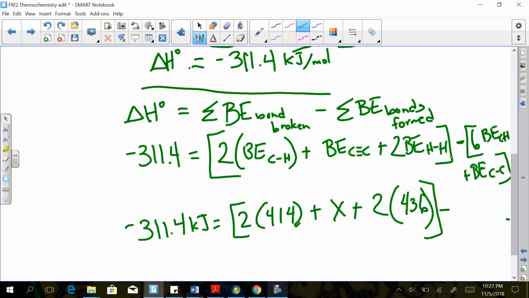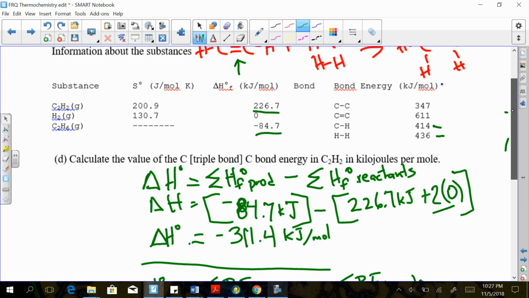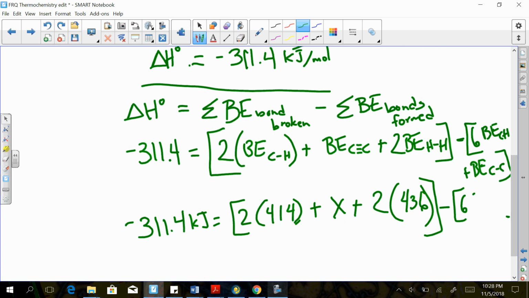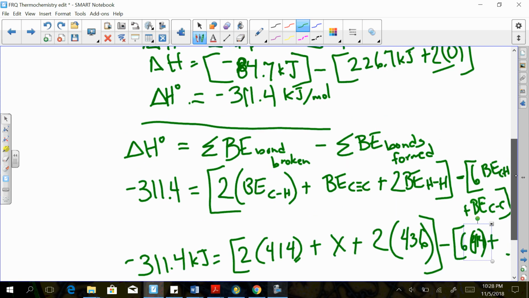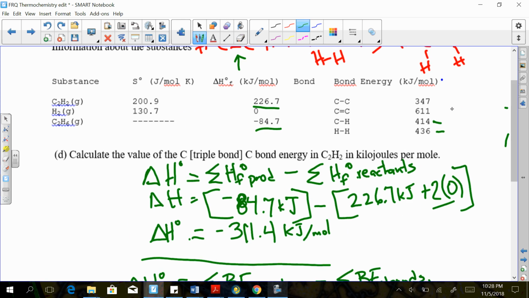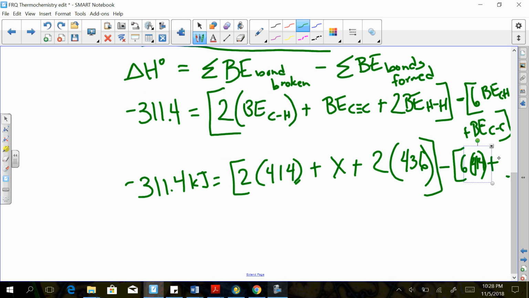Minus 6 times the bond energy of my carbon-hydrogen bond, and that one is 414, plus my 1 carbon-carbon bond. And if I look at that, that's 347. So plus 347 kilojoules.